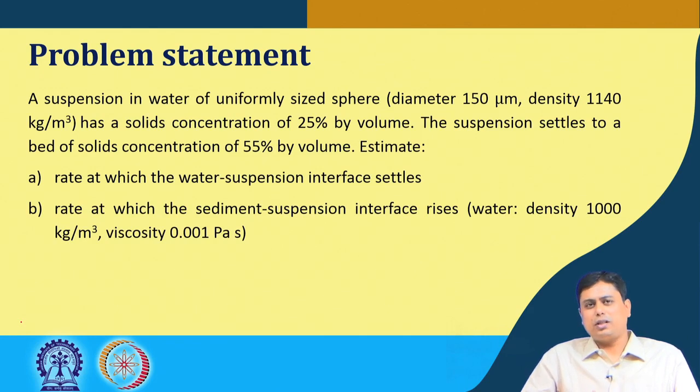So there is a suspension of uniform sized spheres, there is no size distribution, as a kind of ideal scenario where you have the particle diameter as 150 micron. The density is 1140 kg per meter cube, and the solids concentration is 25% by volume.